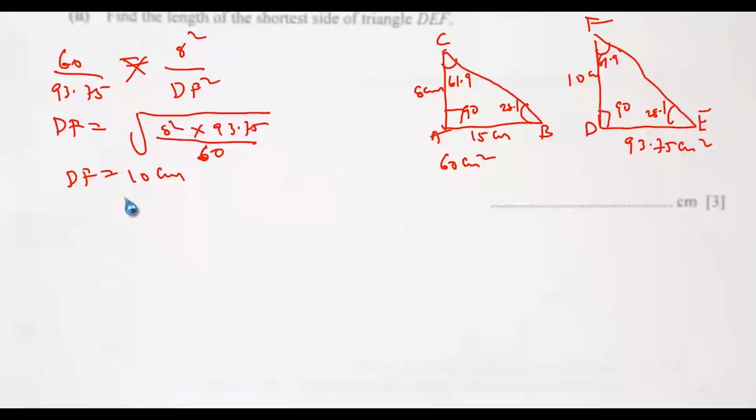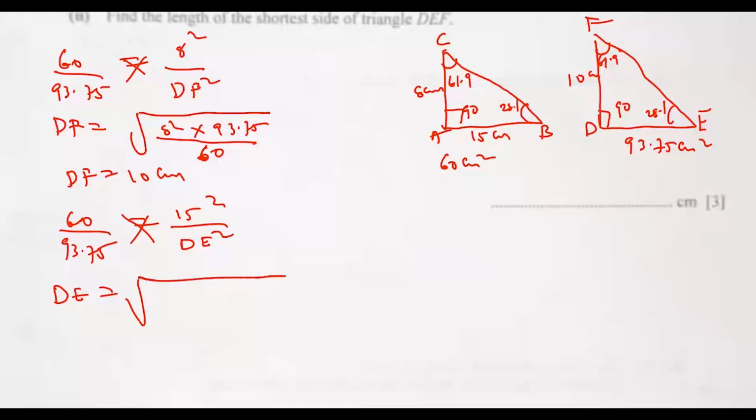Then I can use the same approach to get the value of DE. So I can say the area of the triangle ABC over the area of triangle DEF, 93.75. So it will be equal to, now I want to get DE, so I can use corresponding side AB to be 15 squared over DE squared. If you cross multiply as well, we're going to have DE to be equal to the square root.